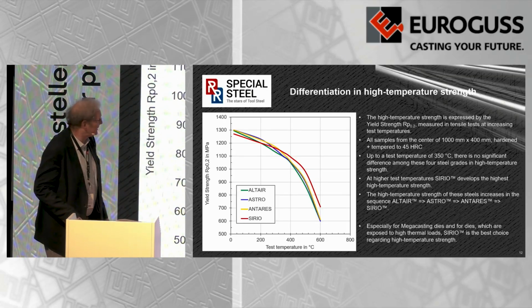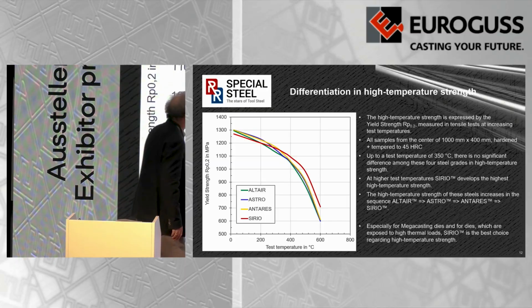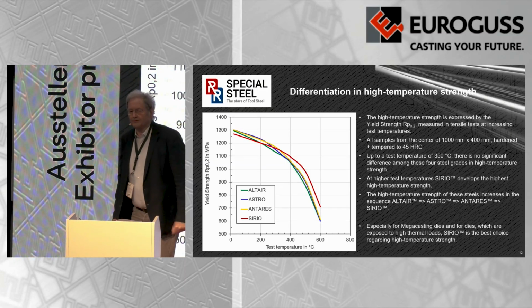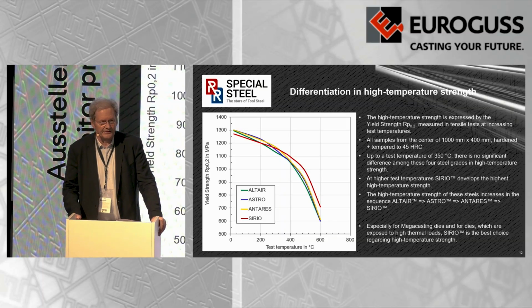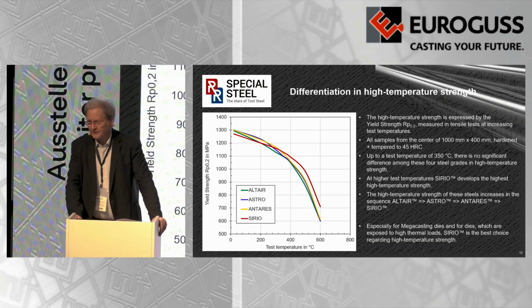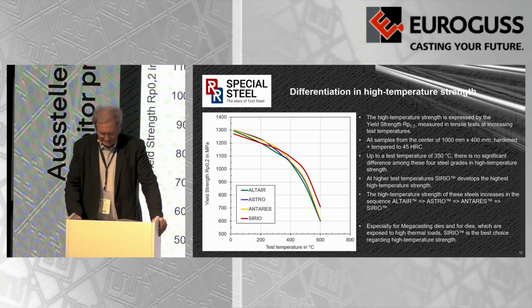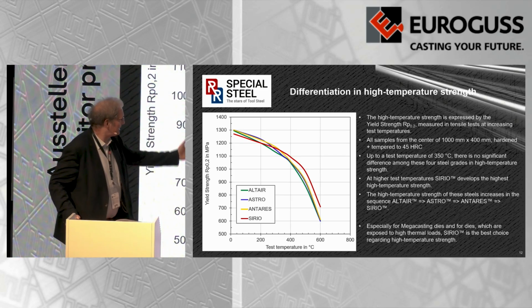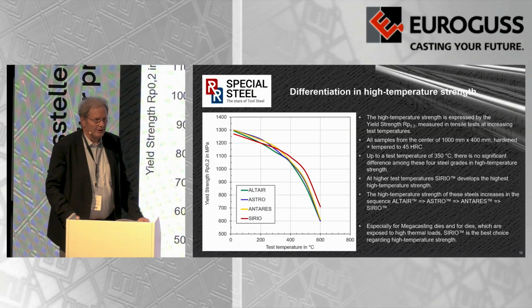What we see is that up to a test temperature of approximately 350 degrees, there is not really a significant difference between these grades. But at higher test temperatures, above 350 degrees, we see a clear advantage of Sirio.